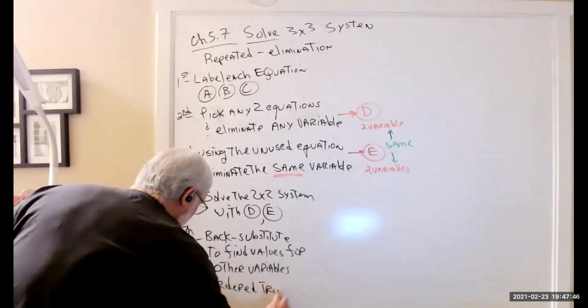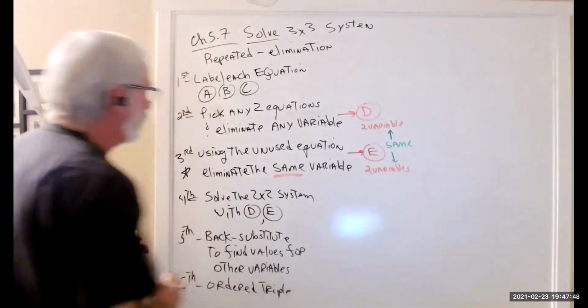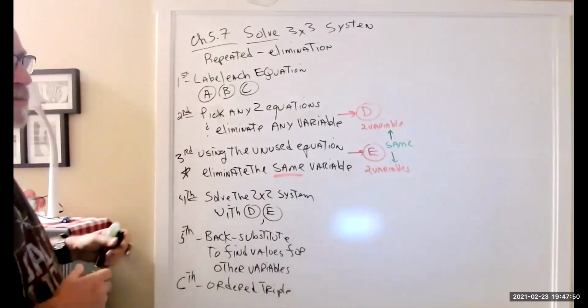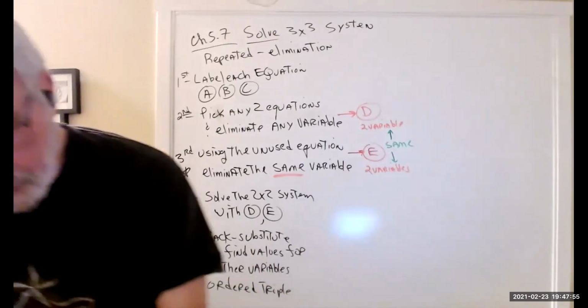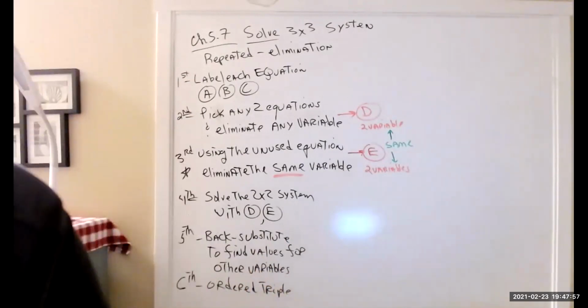I'm putting this up for those of you who didn't get to print it out, and now I'm going to have to erase it so I have room to do these. These problems take like a whole page to do. They're insane.